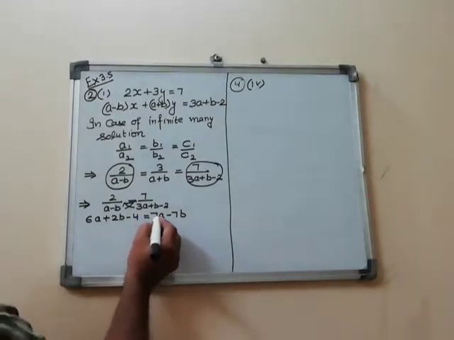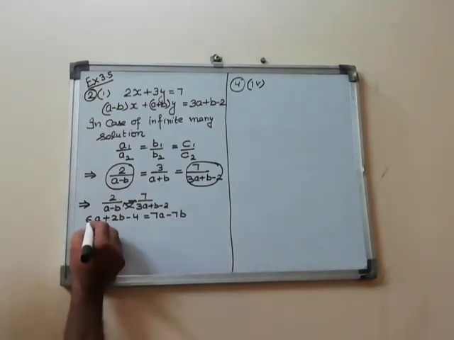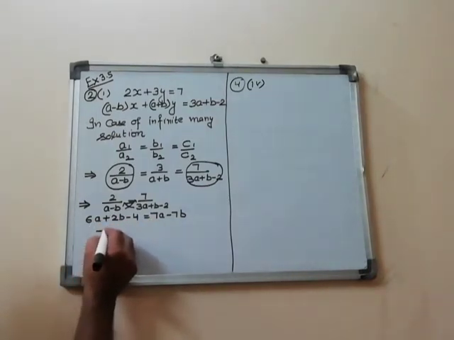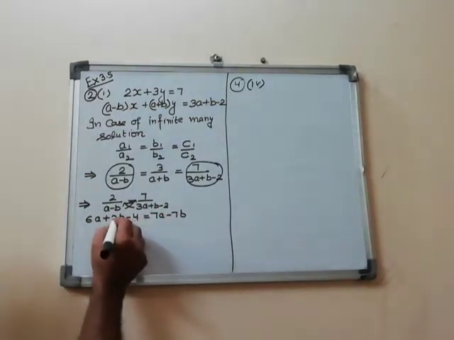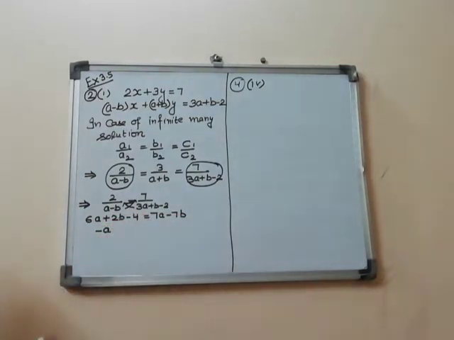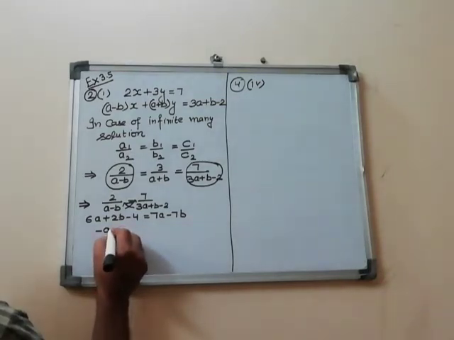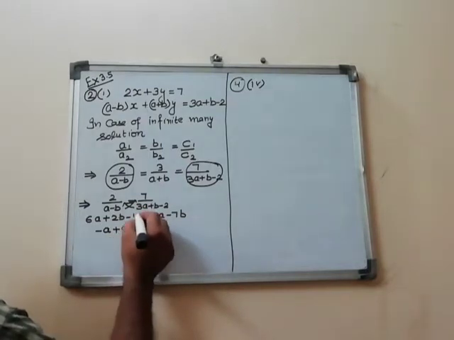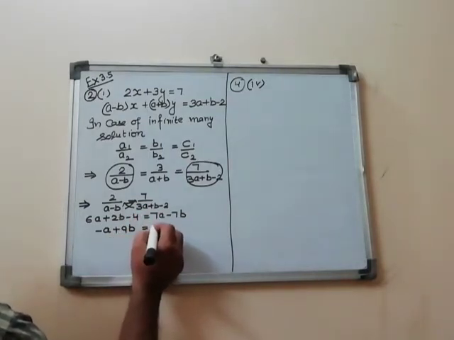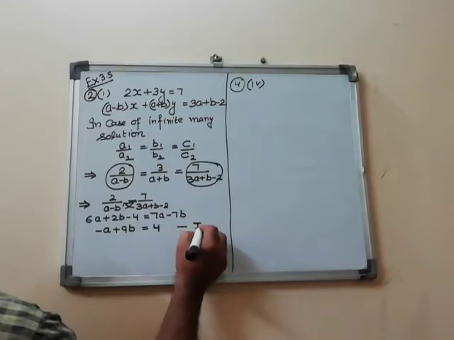Clear? If you transpose 7a to this side, it will become 6a minus 7a is minus a. Transposing minus 7b to the left hand side, 2b plus 7b is 9b. Minus 4, if you transpose to the right hand side, it will become 4. Consider this as equation 1.